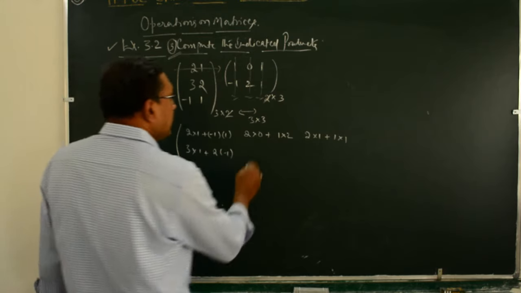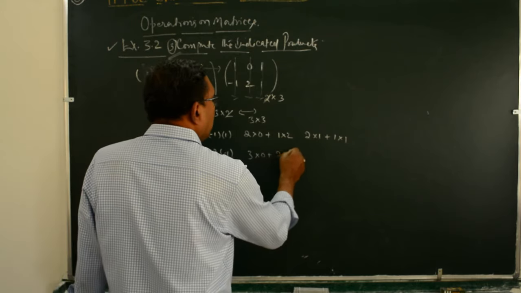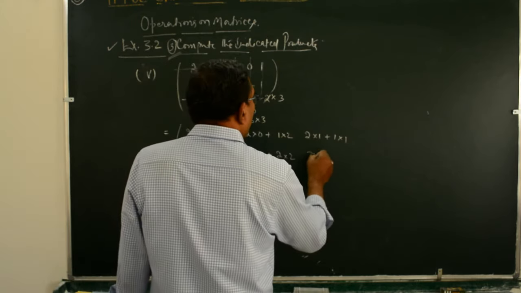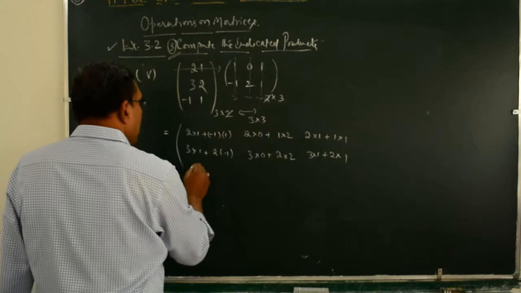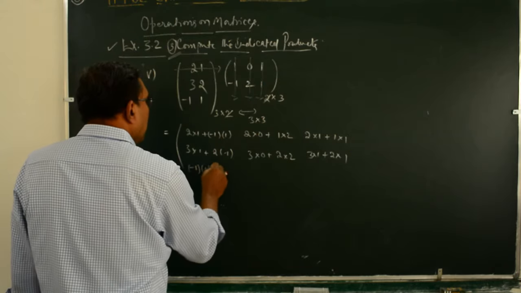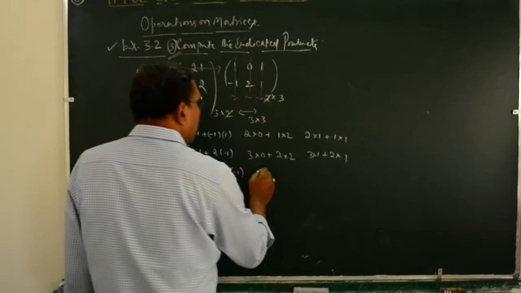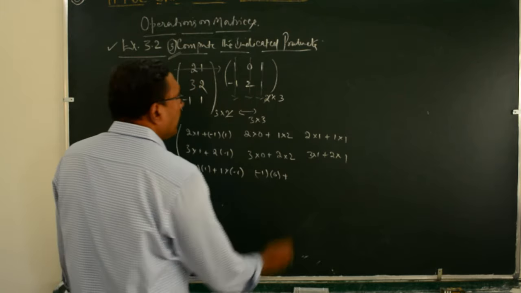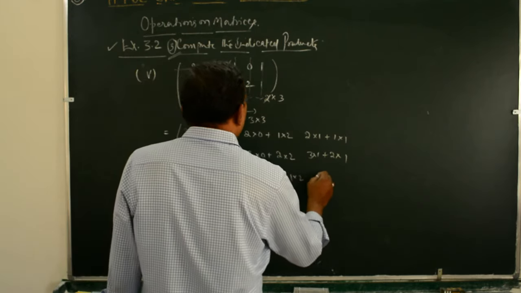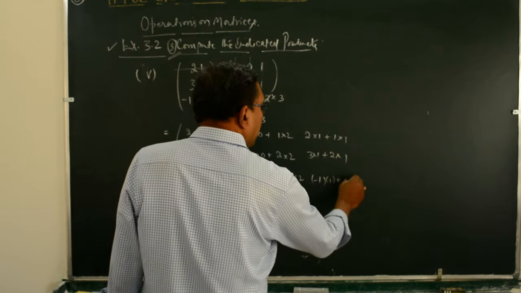Right? Here 3 into 0 plus 2 into 2, and 3 into 1 plus 2 into 1. Here again, minus 1 into 1 plus 1 into minus 1, and minus 1 into 0 plus 1 into 2, and the final one is minus 1 into 1 plus 1 into 1.